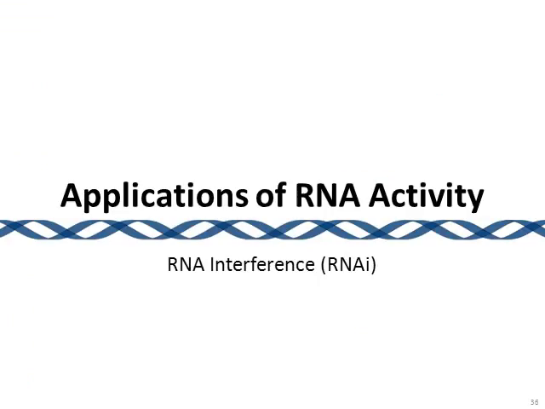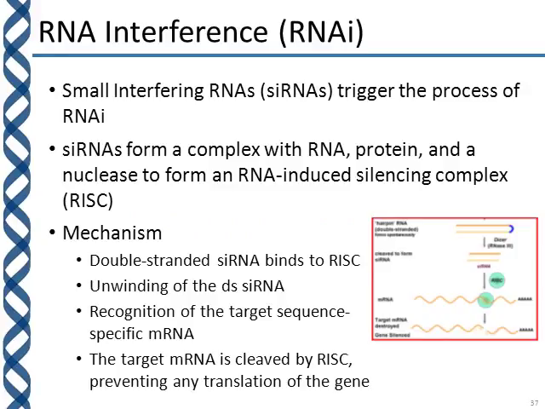Next, we'll talk about RNA interference, or RNAi. Small interfering RNAs, or siRNAs, trigger the process of RNA interference. Small interfering RNAs form a complex with RNA, protein, and a nuclease to form an RNA-induced silencing complex, or RISC.